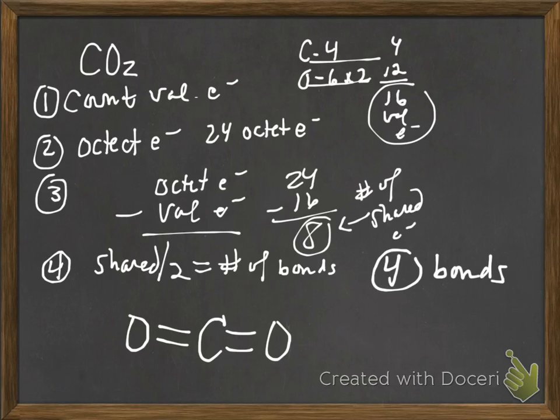Okay. Well, now the last thing we have to do is put our unshared pairs back in. So he has find the number of lone pair or non-bonding electrons, taking the number of shared electrons, and subtracting it from the number of valence electrons they started with. So we have 16 was our valence electrons, 8 was our shared electrons.